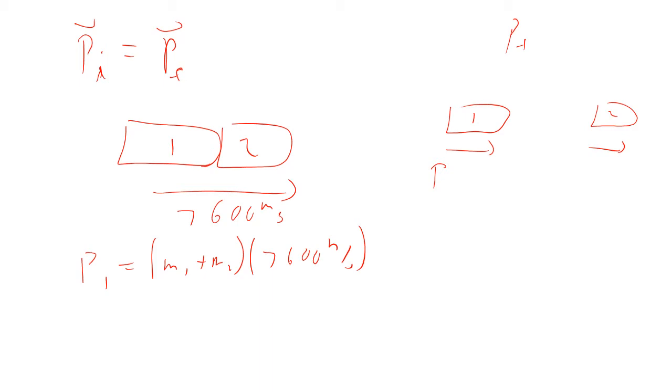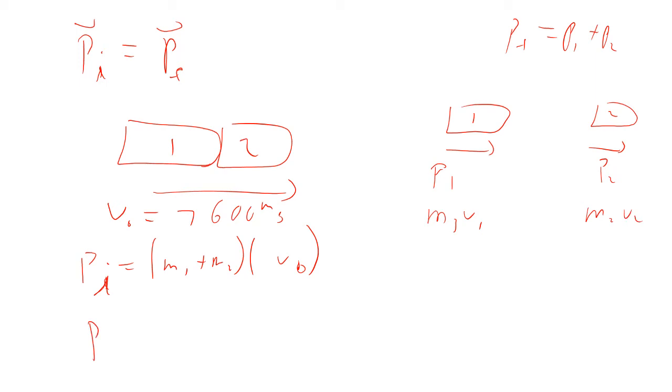To make the math easier, I'll call the initial velocity V naught for now. So P initial is (M1 plus M2) V naught, and P final is P1 plus P2, which is M1 V1 plus M2 V2.